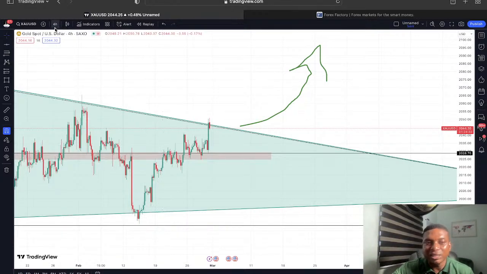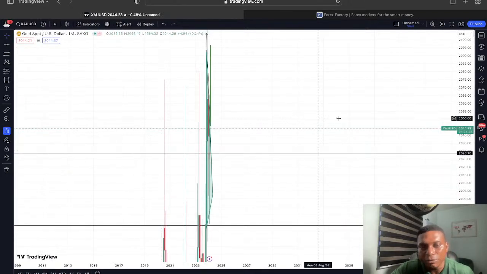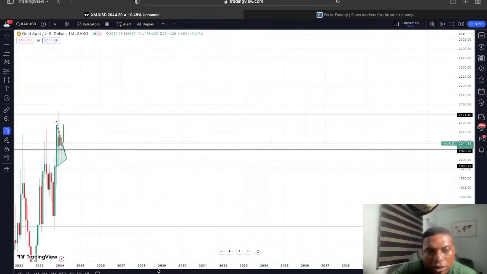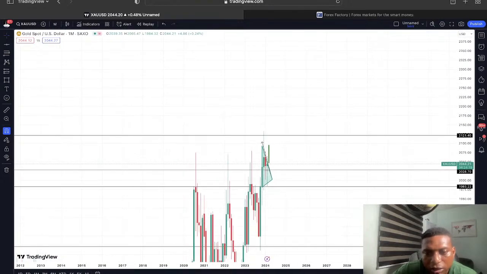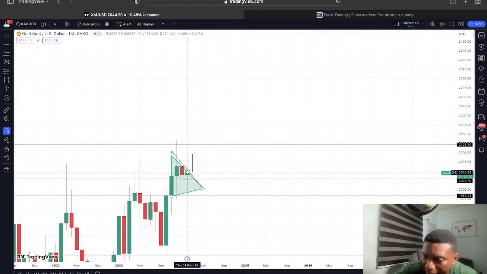So let's check out the monthly time frame, which we've checked previously. Looking at this now, we can see that the candlestick on gold for the month is giving a buy signal.